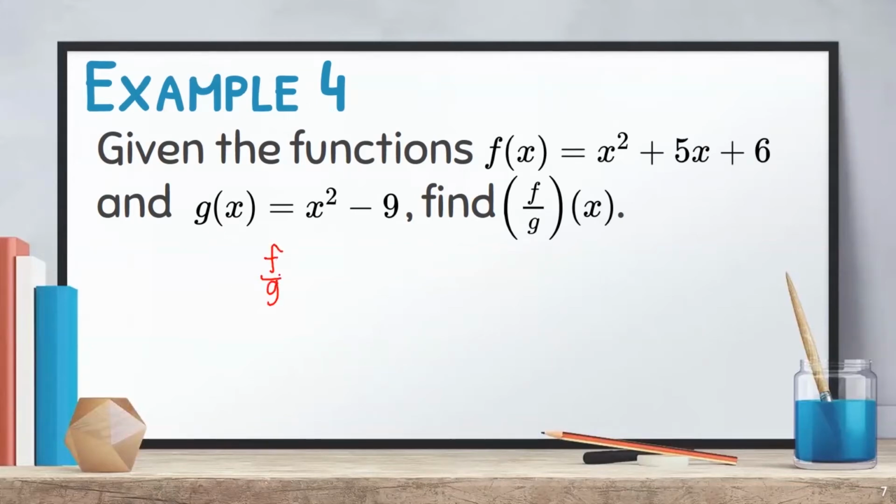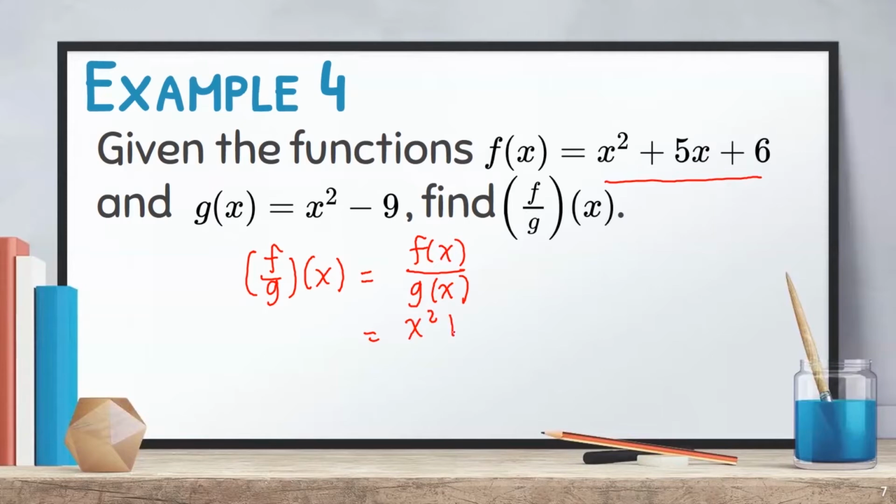So, to do that, let us substitute first the given functions to our formula. So, the given f of x is x squared plus 5x plus 6 and the given g of x is x squared minus 9.